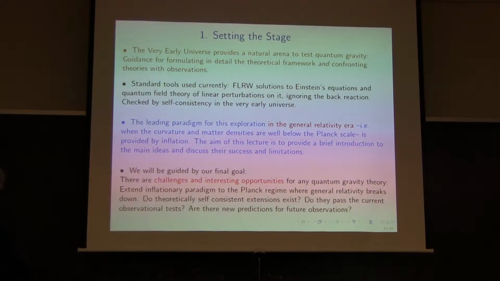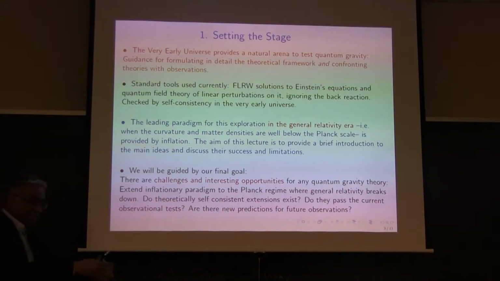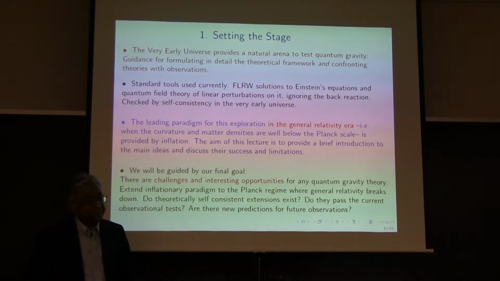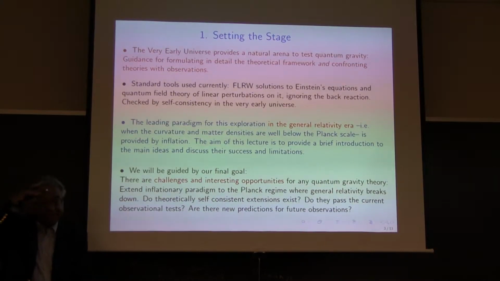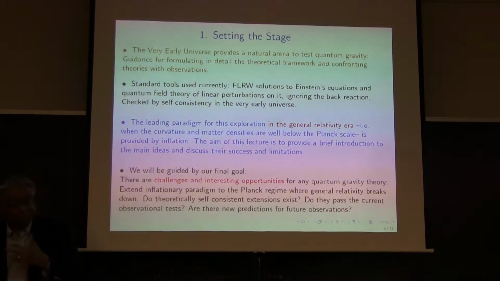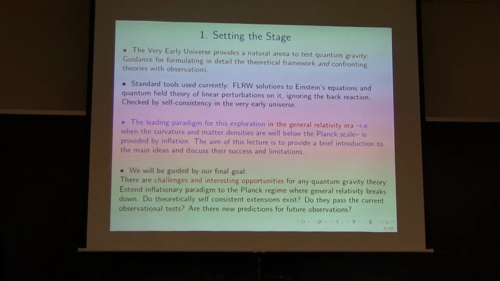So we assume that these fluctuations have very low energy, so they don't really affect the background dynamics. One can check that this is self-consistent: one makes this assumption, finds some solutions, looks at the quantum fields which are propagating, and then checks that during inflation the stress energy tensor of this perturbation is completely negligible compared to the background stress energy tensor, and so we can ignore it.